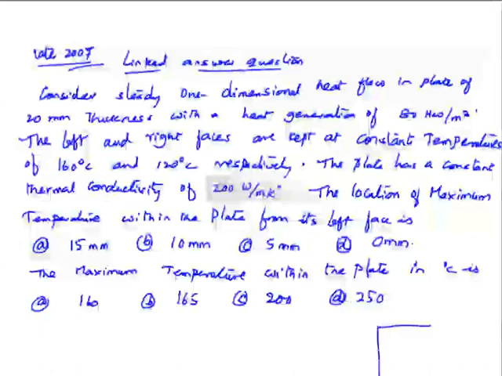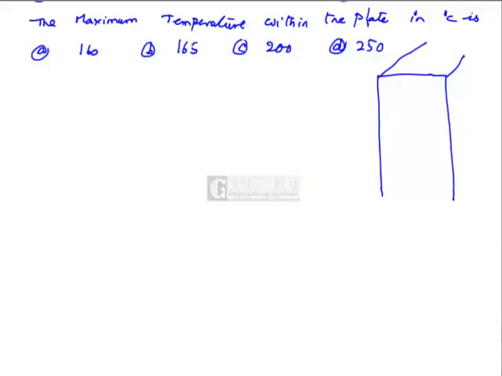There is a plate of uniform thermal conductivity. Plate thickness has been given as L, 20 by 1000 meters. On the left face, I consider this as x is 0.